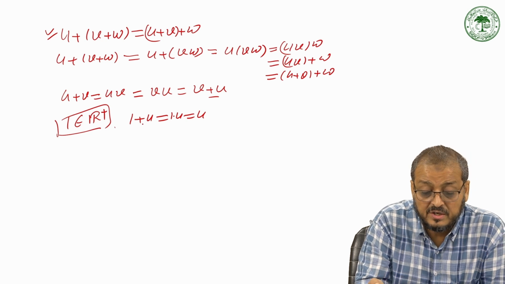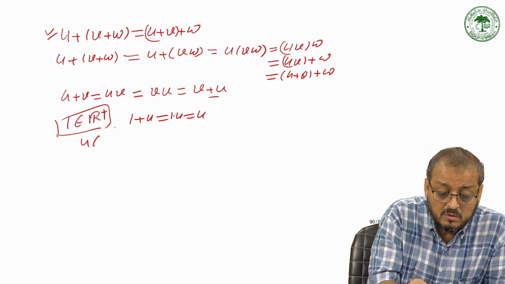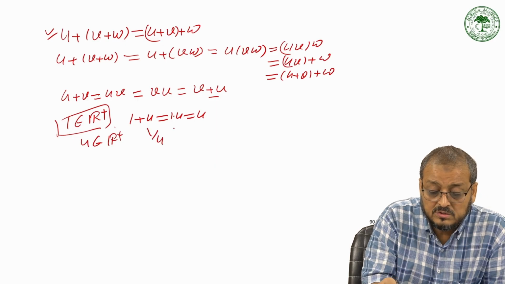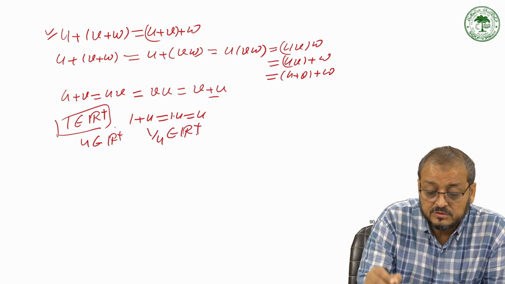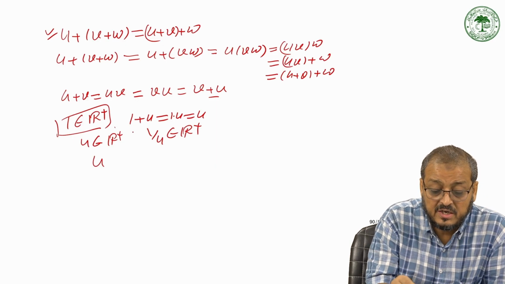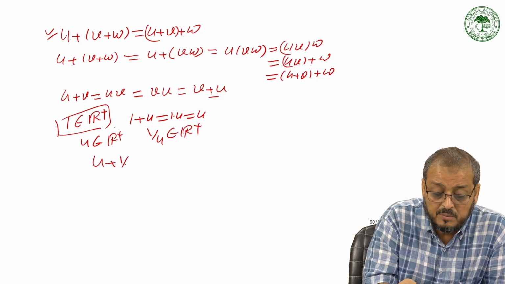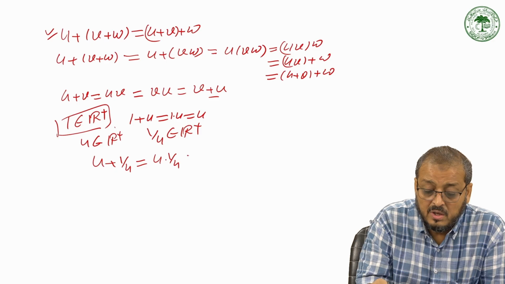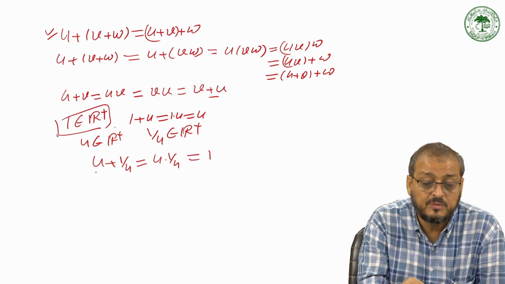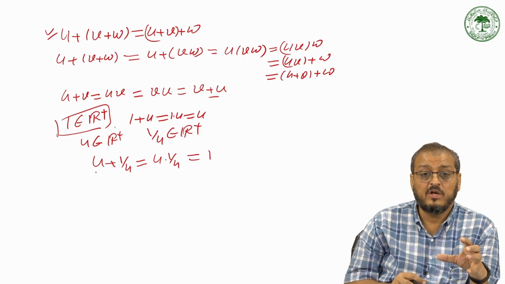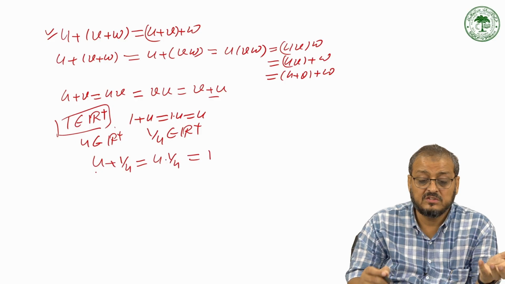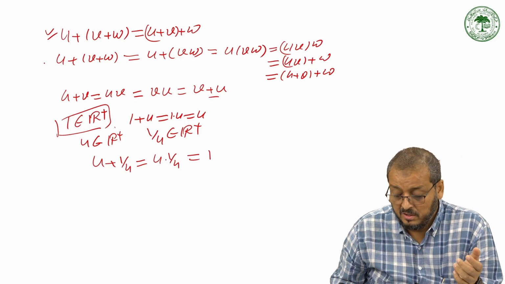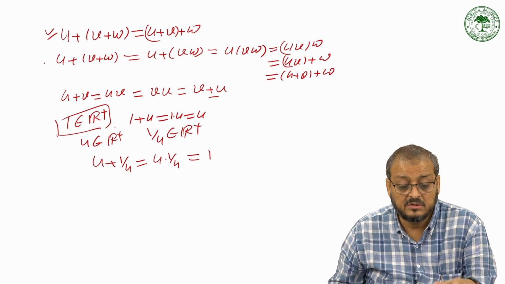Now we have to find the inverse. If u is an element of R positive, then 1 upon u is also an element of R positive. So u plus 1 upon u can be written as u into 1 upon u, and this is equal to 1. So if u is an element of R positive, its additive inverse is 1 upon u in this case. So under addition this satisfies all the properties of a vector space.